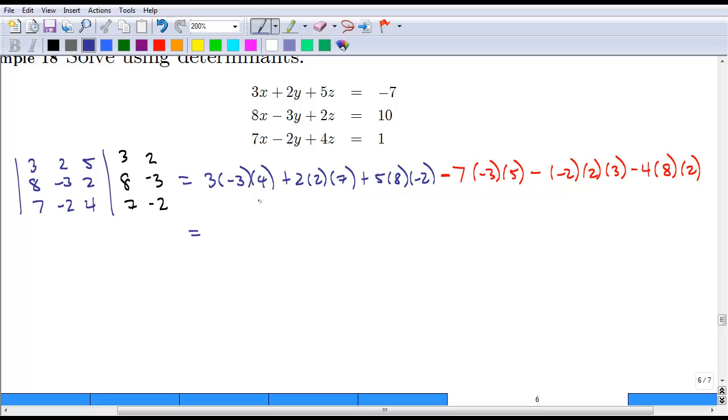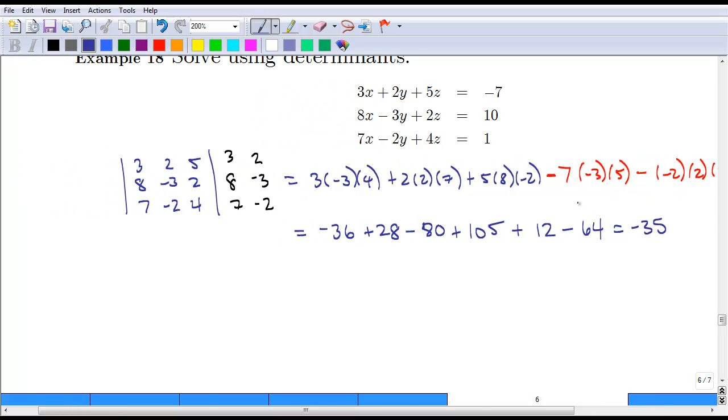In this case, when we simplify, we have negative 36, plus 28, minus 80, plus 105, a plus 12, and a minus 64. So when we add all of these together, we end up with negative 35. So it's not 0 in this case, and this is going to be the denominator for all of our variables.